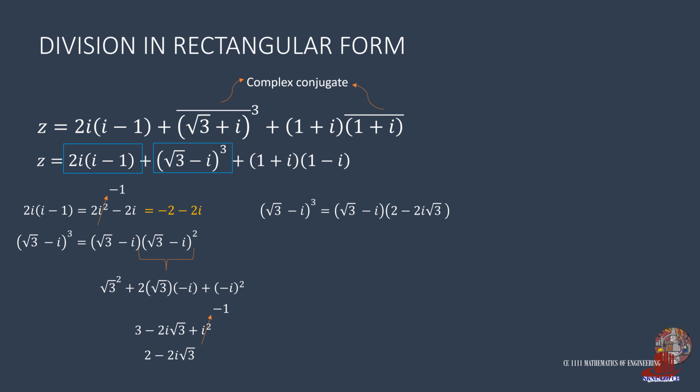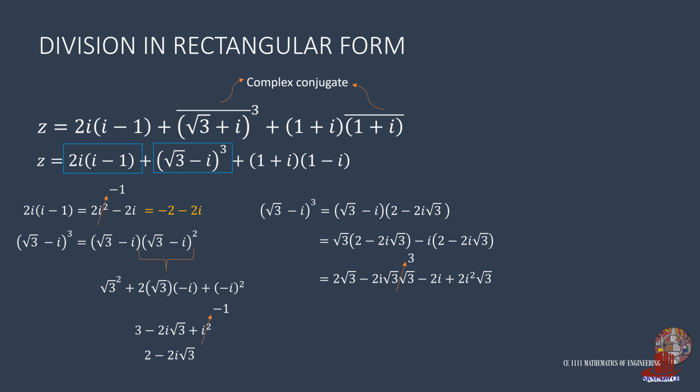Now solve the second term by multiplying the first complex number and get root of 3 times 2 minus 2i root of 3 minus i times the same quantity. Distribute the exterior factors and get 2 root of 3 minus 2i times root of 3 times root of 3 minus 2i plus 2i squared root of 3.